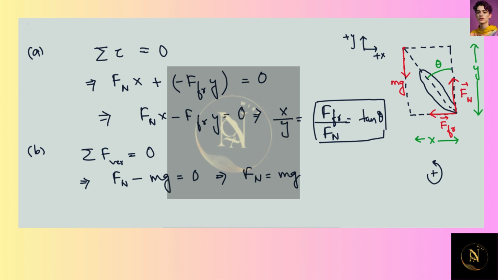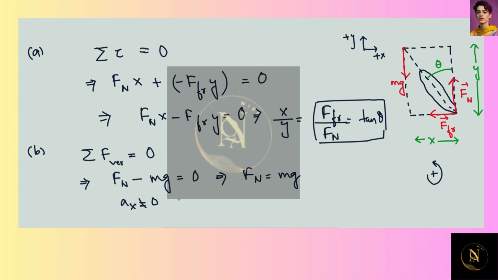Now the cyclist is accelerating horizontally because he is traveling in a circle. So this is the cyclist and this is the center of mass. This is the tire of the cyclist, and this is the center of mass of the cycle, including the cyclist. Since he's traveling in a circle, there is some net acceleration in the horizontal direction, so ax is not equal to 0.